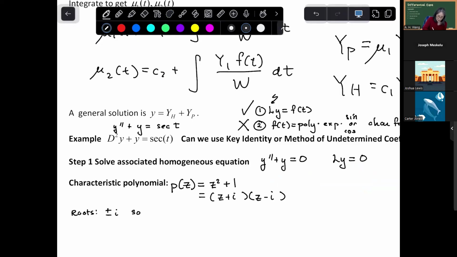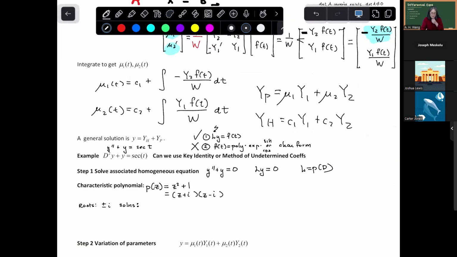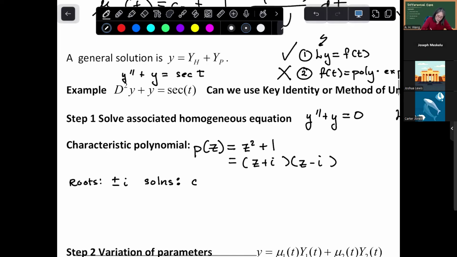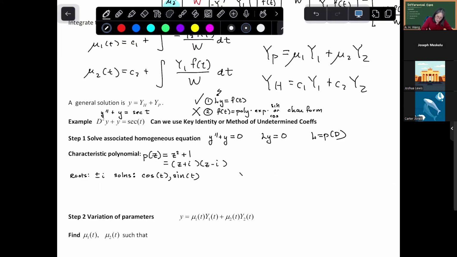And whenever you have pure imaginary roots, can you tell me what kind of solutions you're going to have? Sine and cosine. Yeah, pure sine and cosine. Since that's one i, so this is one t, we'll just say cosine t, sine t. Write your cosine first, okay? Because that's normal. So yH equals c1 cosine t plus c2 sine t.